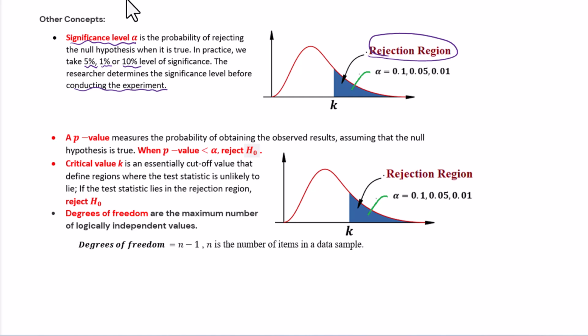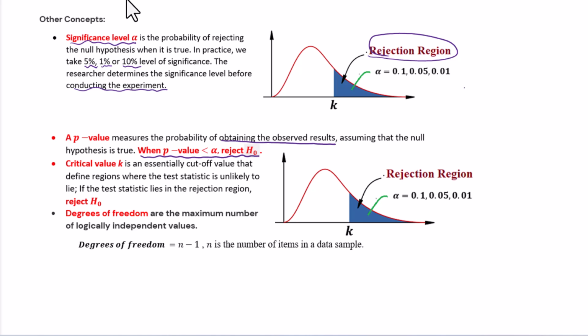When p-value less than this alpha, reject H0. A p-value measures the probability of obtaining the observed results, assuming that the null hypothesis is true. When p-value less than alpha, reject H0.